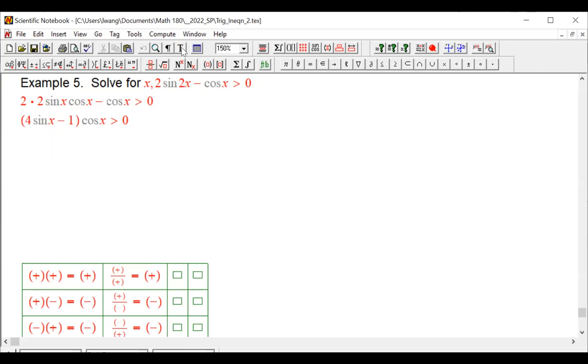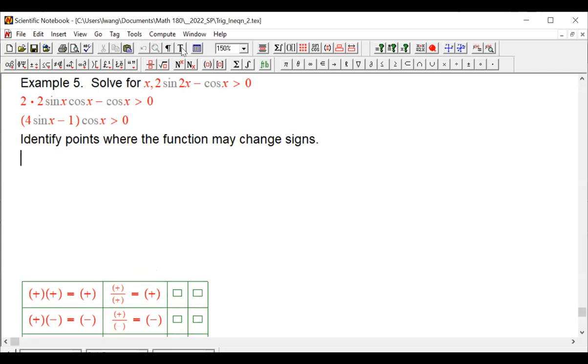So we're gonna identify points where the function may change signs. What does it mean to change sign? Change sign between positive to negative and negative to positive, right?